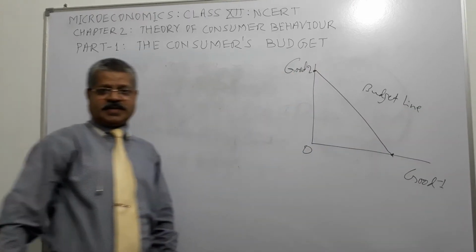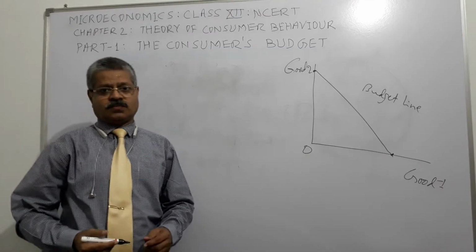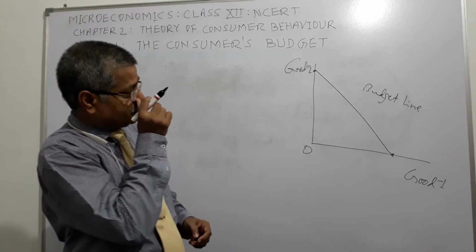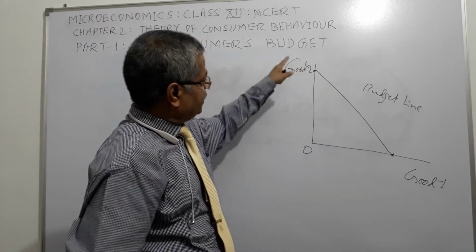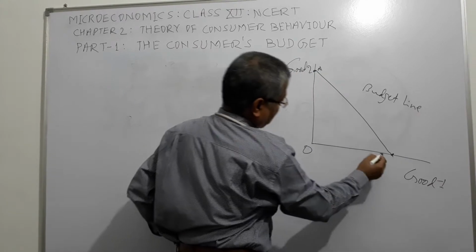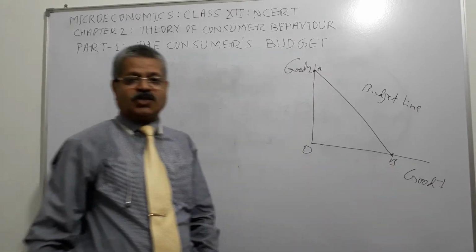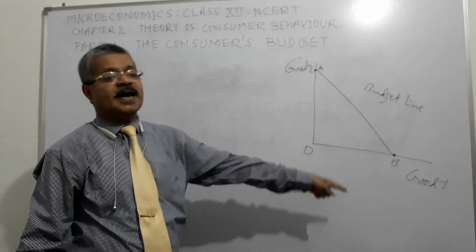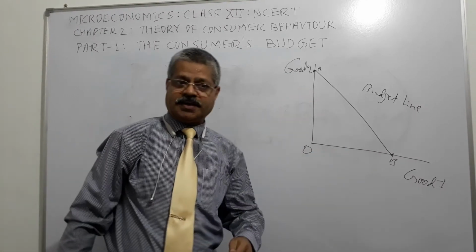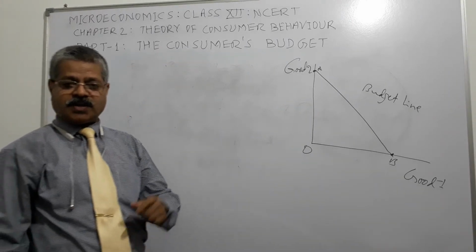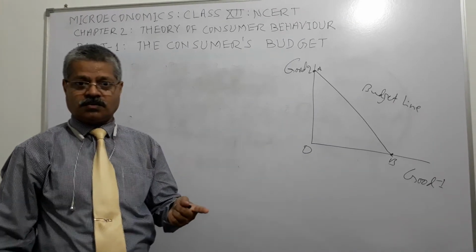Why is this called the budget line? Because any point you take on this line, suppose AB, the consumer will be spending his or her entire income on this. Any point represents a set of bundles where the consumer spends his entire amount.